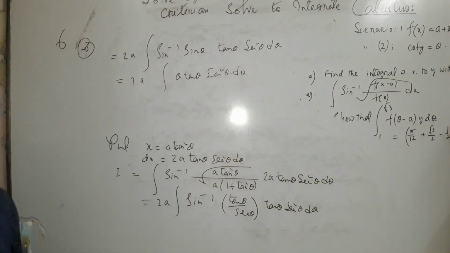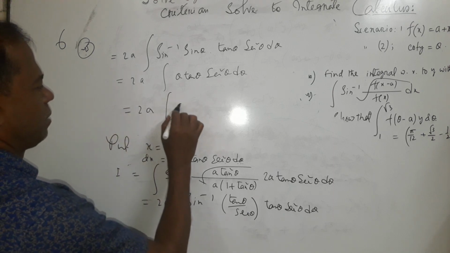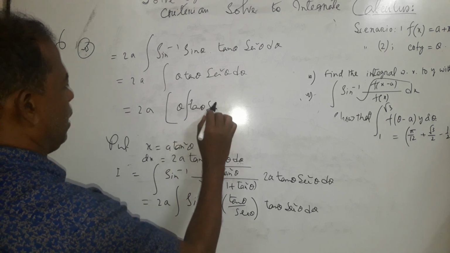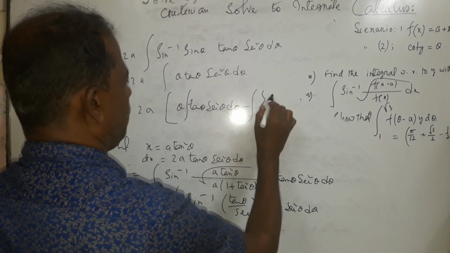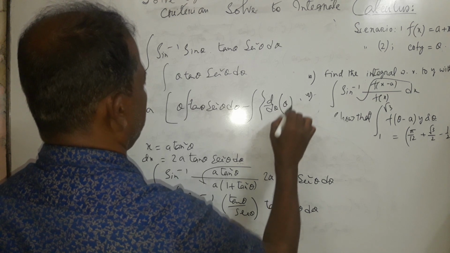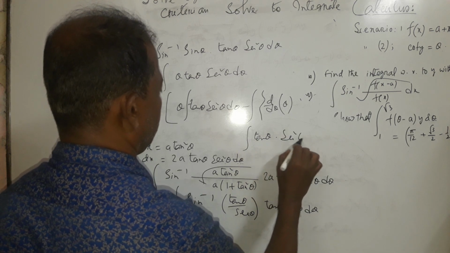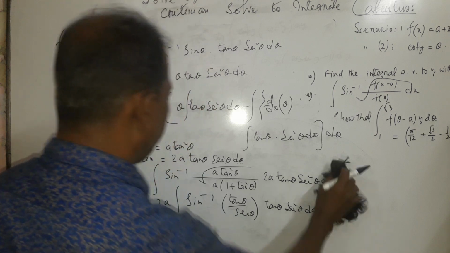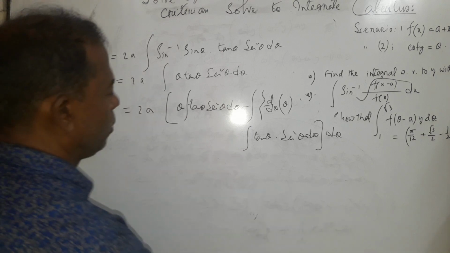That's why 2a in brackets: theta times tan theta sec square theta d theta, minus the integration of d theta times the integral of tan theta sec square theta d theta. Just use the formula for integration by parts, UV.